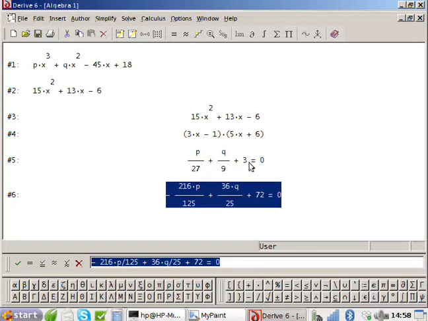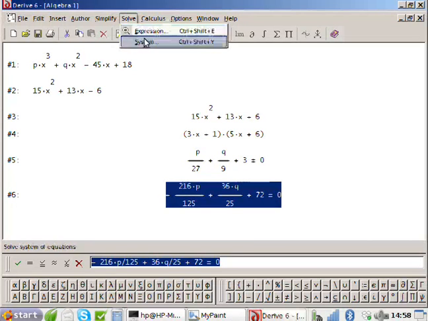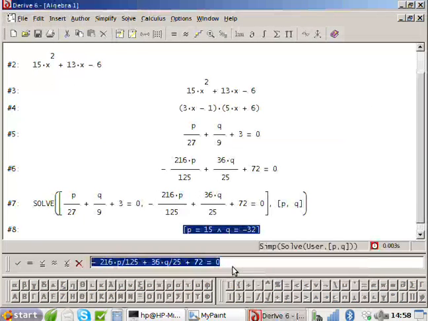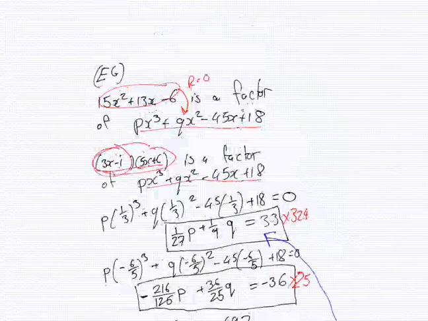So here you get 6 cubed, 216 over 125 p with a minus, plus 36 over 25 q, and then 18 minus 6 over 5.